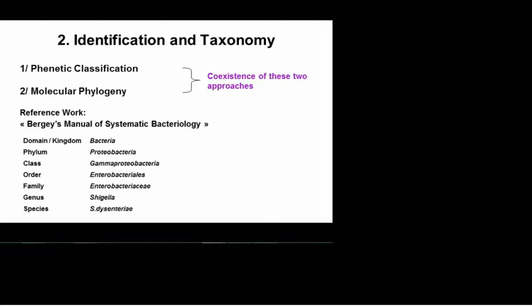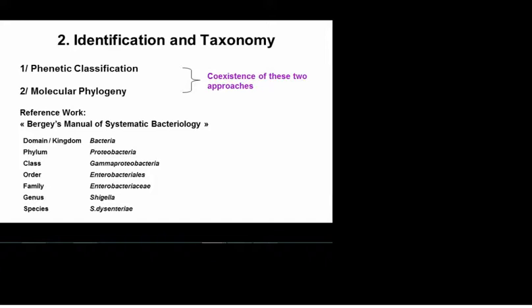So in bacterial taxonomy and identification, there's always been, and there still is to a certain extent, two approaches that coexist and try to get fused together. One is identifying bacteria by their phenotypic properties, so phenetic classification and identification.